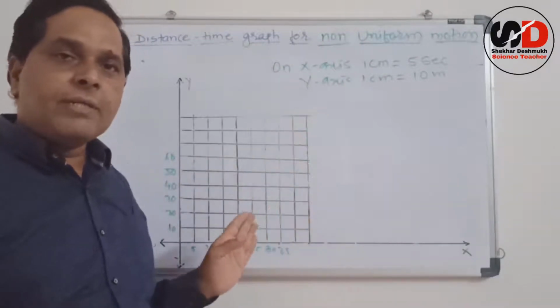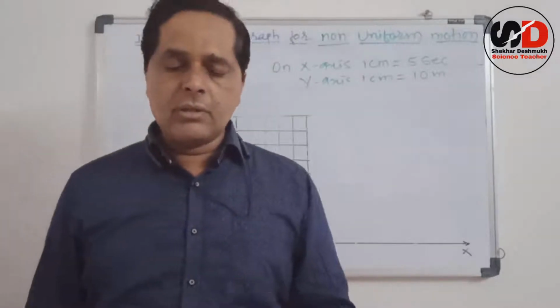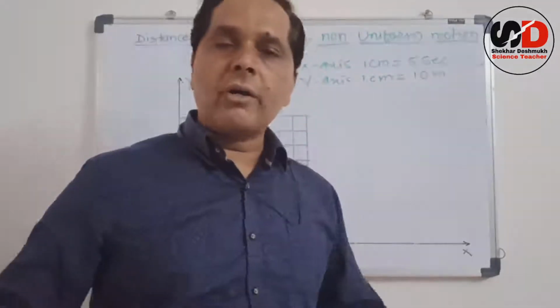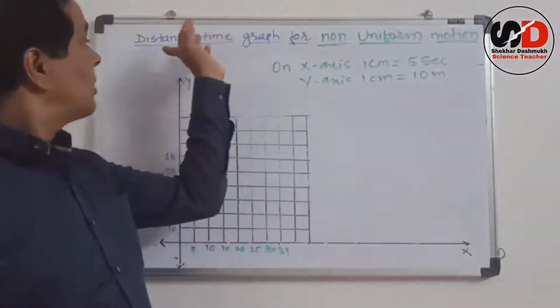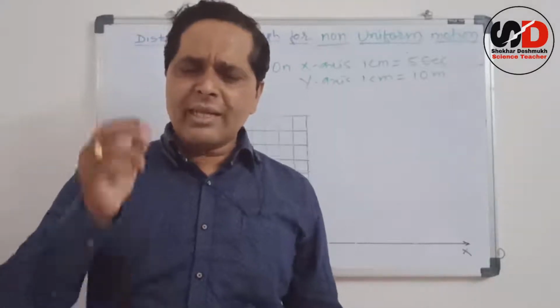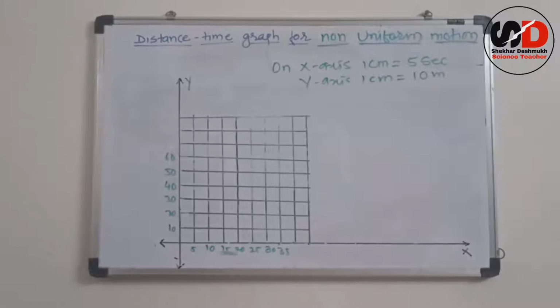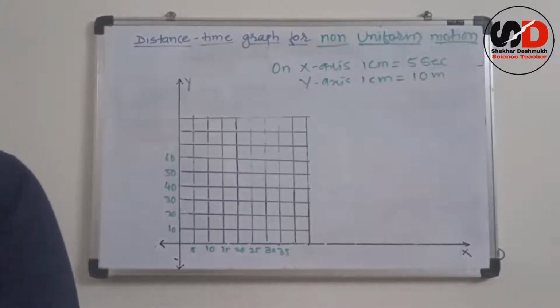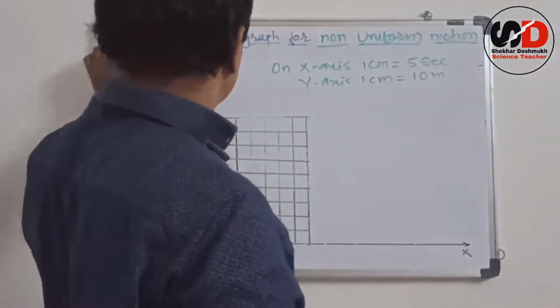So the graph is not a straight line graph, it has any shape. It may be curved or it may have any shape. So this is nothing but the distance time graph for non-uniform motion. The next graph is given. It is the velocity time graph for uniform velocity.